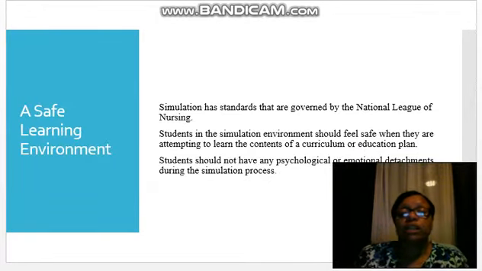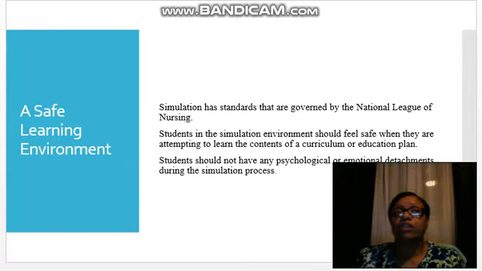Now, a safe learning environment. The National League for Nursing is one of the entities that does provide templates for facilitators and educators to design scenarios in simulation for students based on the contents of their education curriculum or their plan.